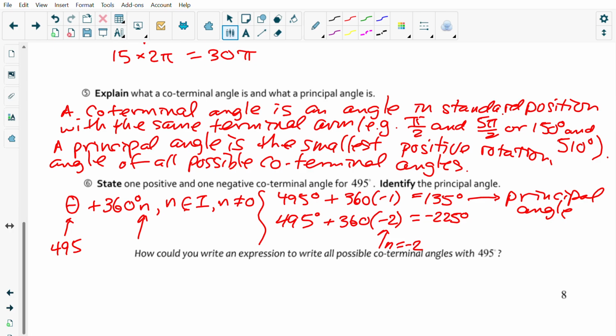How could you write an expression to write all possible coterminal angles of 495 degrees? Well, we could just leave it in terms of like this. So if I have my general form here, theta plus 360n, where n is an element of all integers, n does not equal 0.